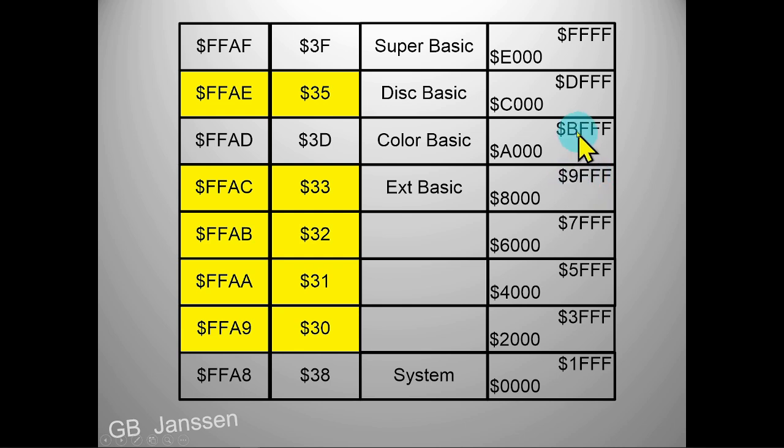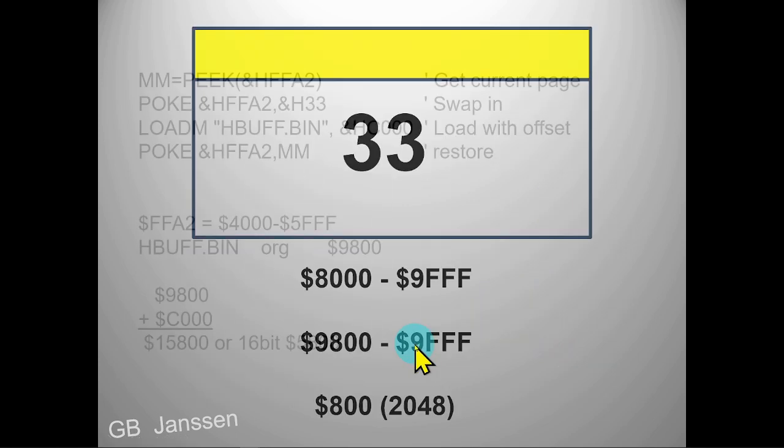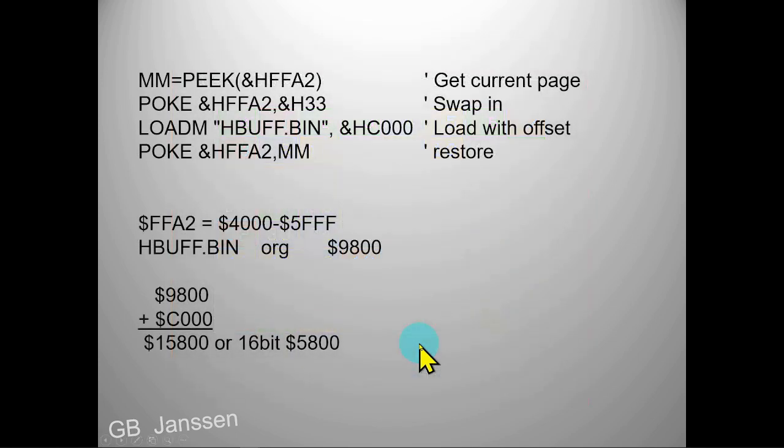If you bring it in here, it'd be at B800. Here it's going to be at 9800. We're loaded at this address, and at this address it becomes 9800, where we want it. That's where our code is. So that's how you get these programs loaded with an offset. And then when that's done, we'll restore what we saved up here, FFA2, and we're back to normal.